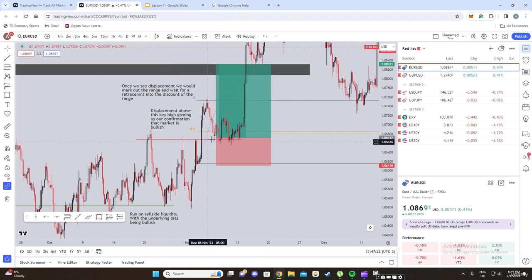Then once price is at the discount of the range, like here, we would look for confluence. So once price, waiting for a retracement, at the discount, while looking for confluence to the left.